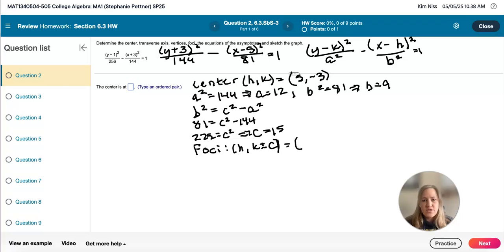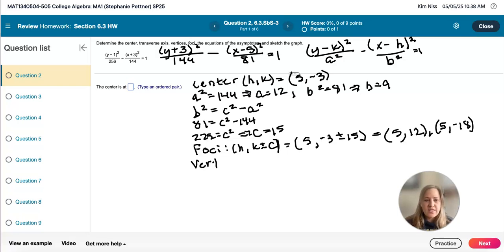That equals h, which we had was 5, k, which is negative 3, and plus or minus c, which is 15. So our foci are (5, −3 + 15), which is (5, 12), and (5, −3 − 15), which is (5, −18). Those are our foci.